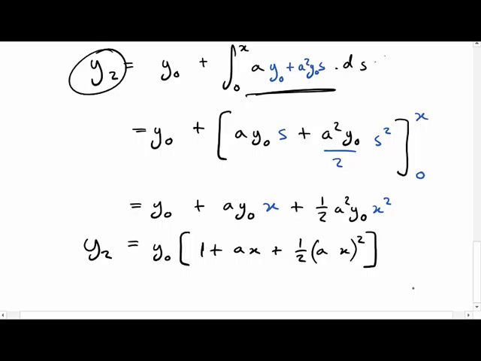So it seems logical then that if we keep going, we're going to end up with a power series. You can evaluate y3, y4, y5, and you can verify that actually you'll end up with a power series.